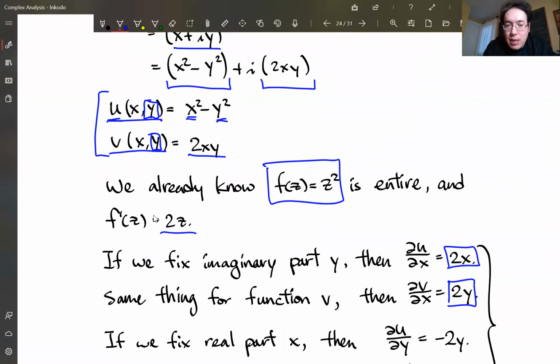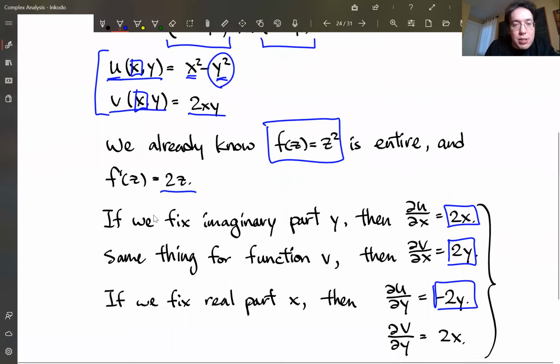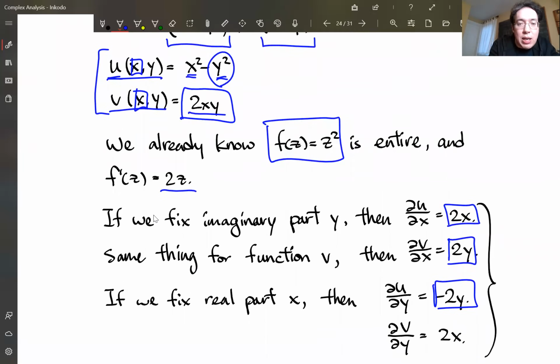Now let's see what the derivative would be if we instead fix x and take the derivative with respect to y. The derivative of u with respect to y is going to be negative 2y, because that's the only part that's variable. And the derivative of this one, thinking of y as the variable, we'll just have 2x.